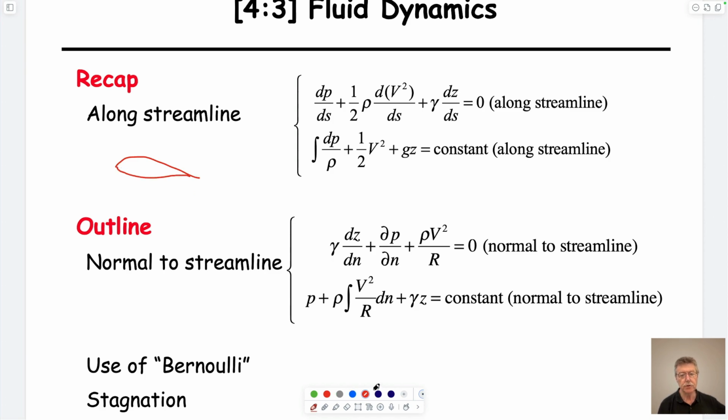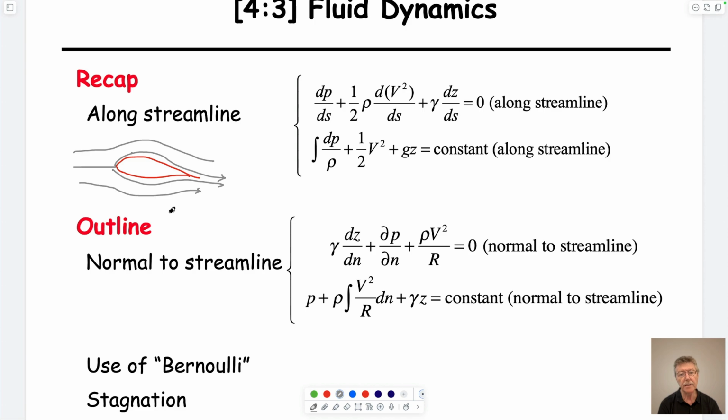This is my chance to draw an airfoil. And we have similar behaviors here. I think you probably know how an airfoil on a plane works. And you could imagine that there'd be a whole bunch of these, what we refer to as streamlines.